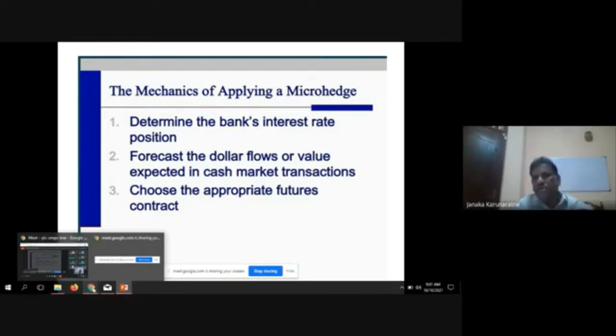So how can you mitigate that? So basically your currency flows will be affected. What can you do in the futures market?